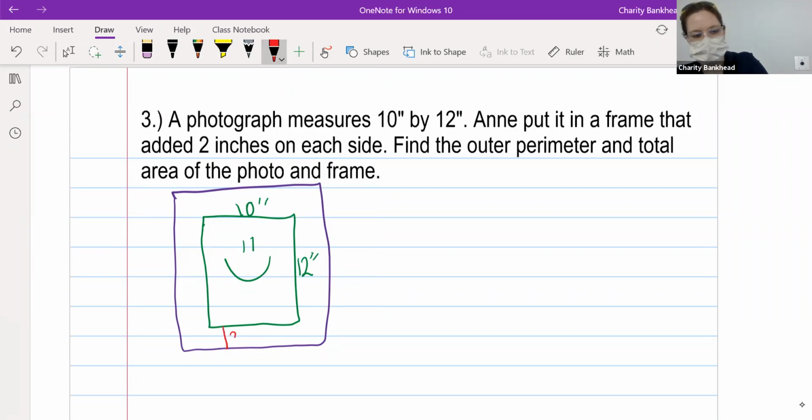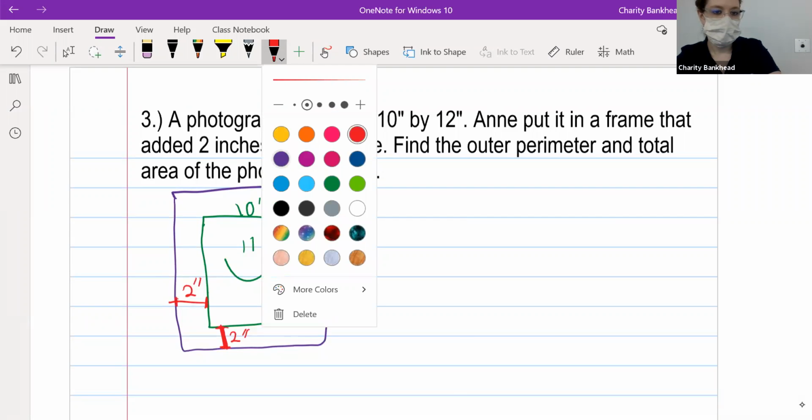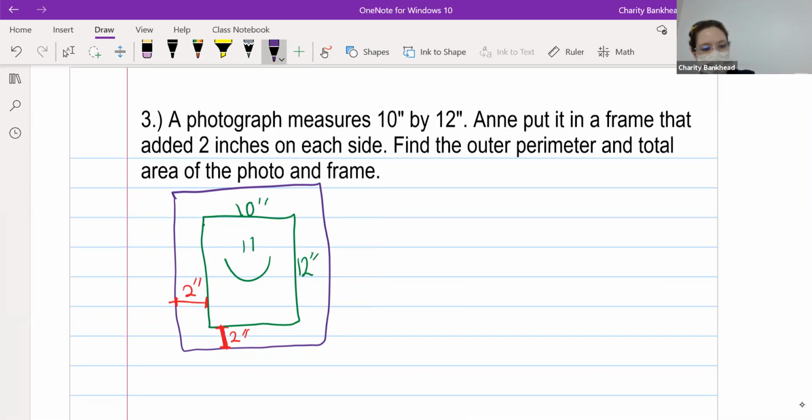So from here to here is 2 inches. And from there to there is 2 inches. All right. So in that case, what would be the width here across the picture frame?